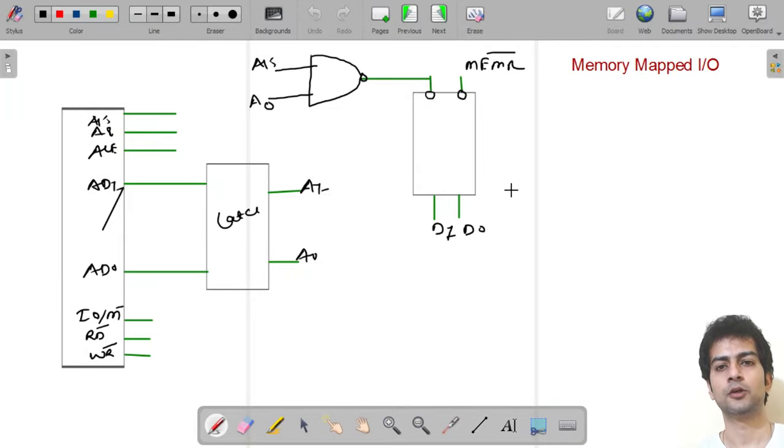Now, coming to memory mapped input output. Let's see what happens here.